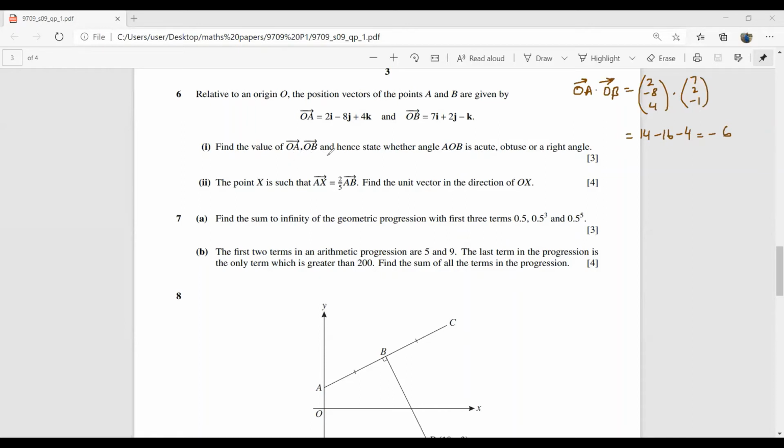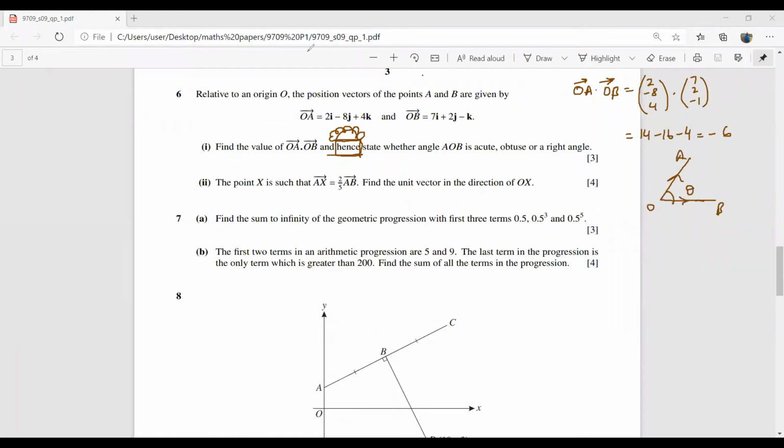And then it says, and hence. Now, hence is basically a hint for you that there's no further working required. So when there's hence given to you, that means there is no further working required over here. Remember, for example, if this is your OA, this is your OB, and there is a theta between this, like angle AOB is theta.